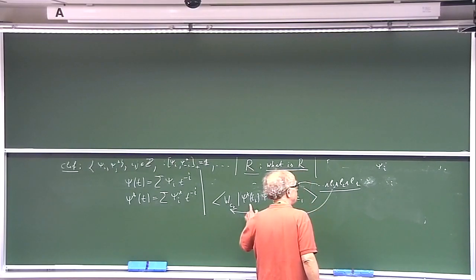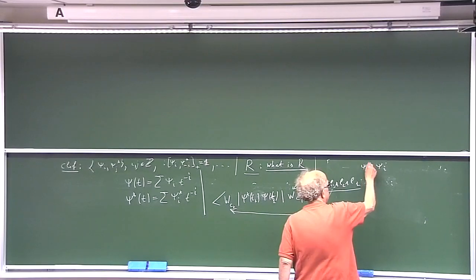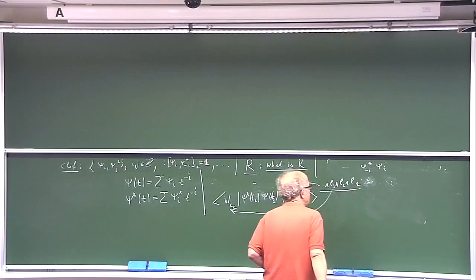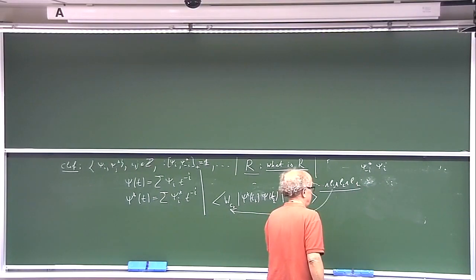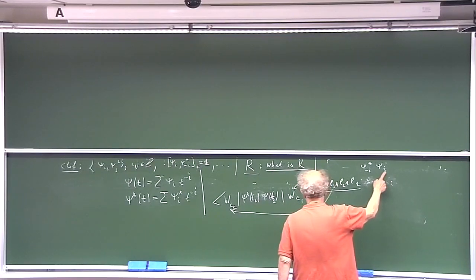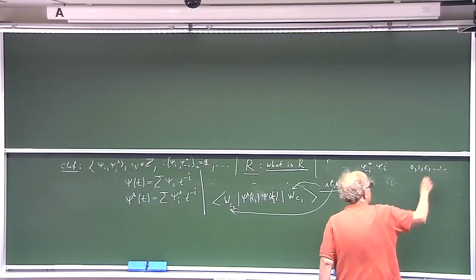Then I want to go back, and so it is psi_{-i}^*. This is the only pair where I can get 1. All other pairs are 0. In this case, i is 0, 1, 2, and so on.